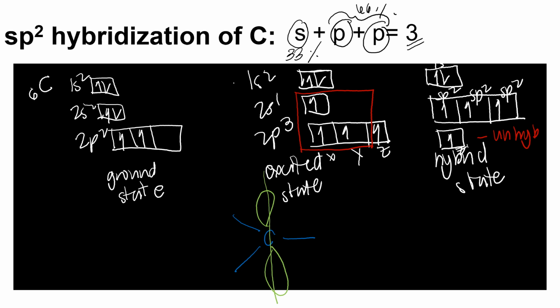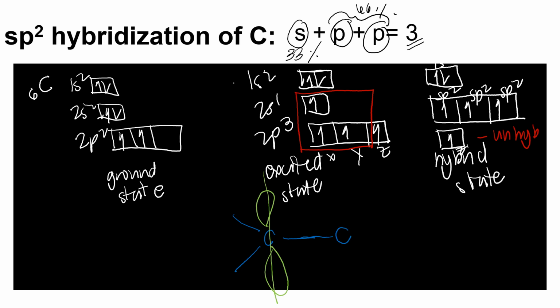So if we have an example for sp2 hybridization, an example is your C2H4. For C2H4, since you have 2 carbon atoms, we draw another one here.